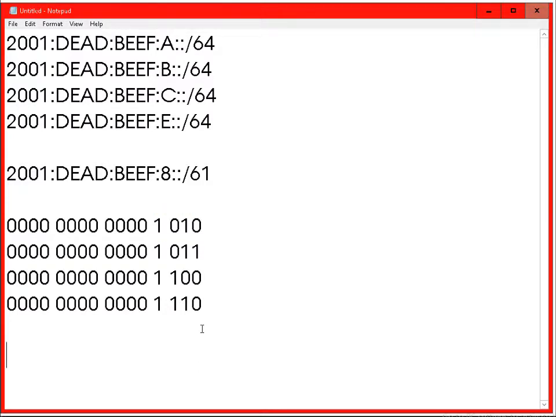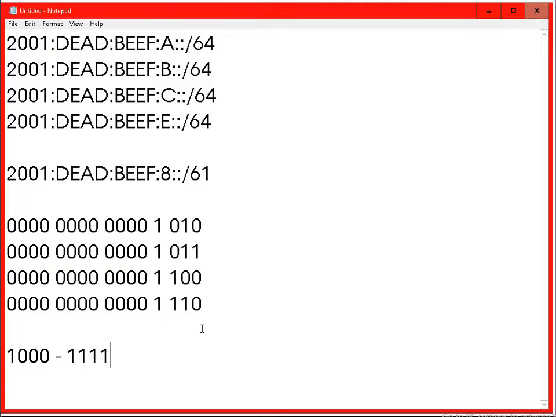So essentially 1000 through 1111. The point here is that it's done the same way as it is in IPv4. We're simply comparing the common bits between all of the addresses that we're trying to summarize. And then finally, we're just calculating the mask based on those number of bits.